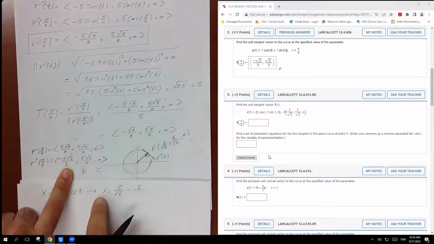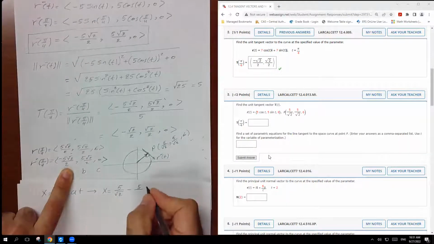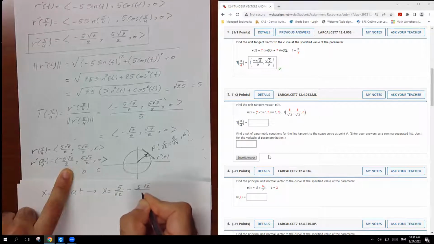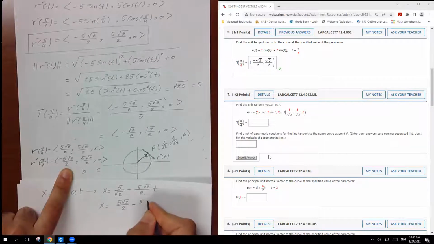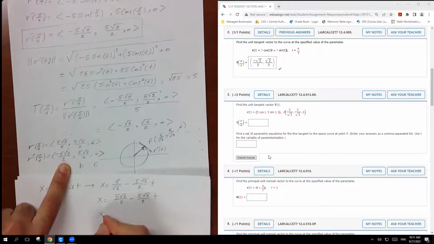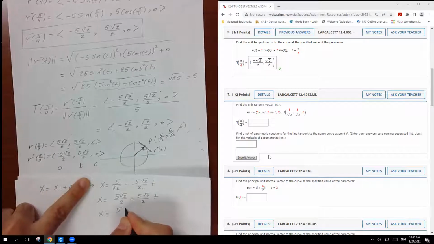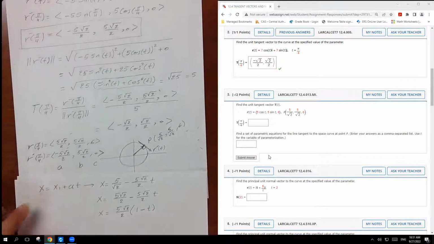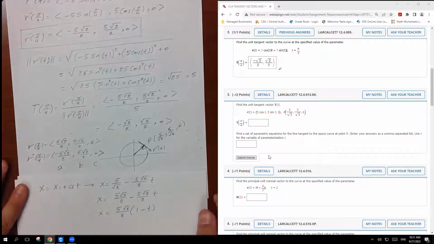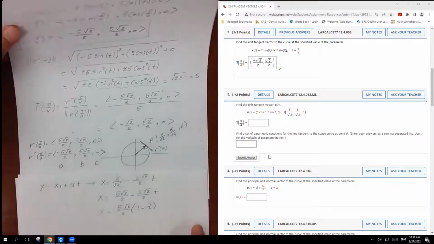We can rationalize this one too. So X is going to be, rationalizing this part, 5 square root of 2 over 2 minus 5 square root of 2 over 2 with respect to t. That means X is going to be, taking 5 square root of 2 divided by 2 as a common factor, 1 minus t. This is only for the X. We're going to do the same thing for the Y.